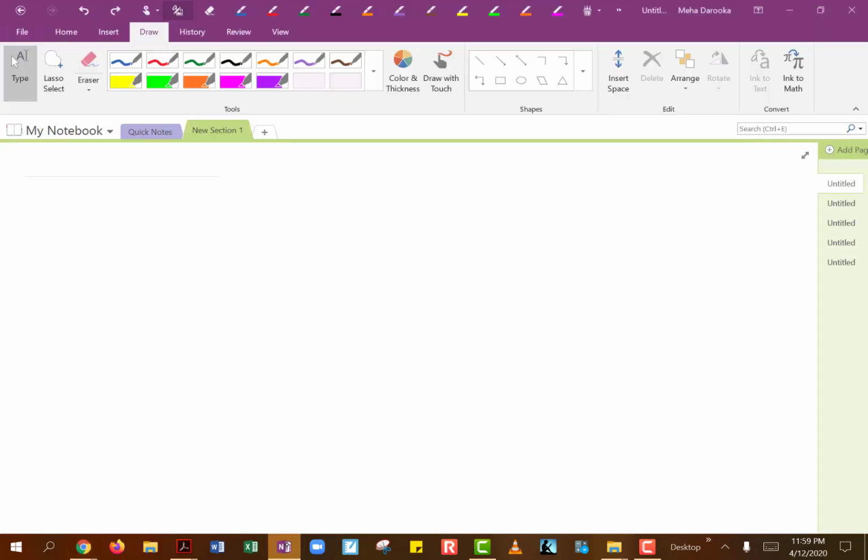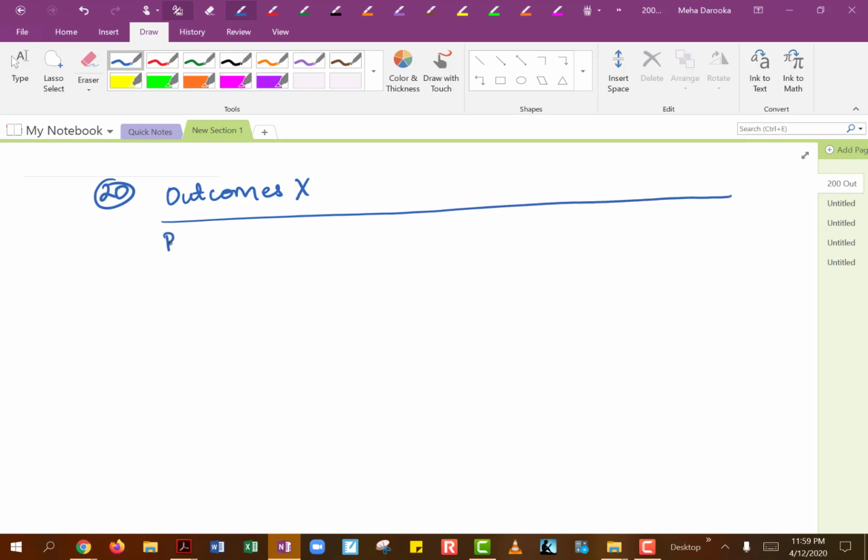Okay, so this was number 20 from our textbook. So remember, your outcomes will go on the top, and our probabilities will go on the bottom.